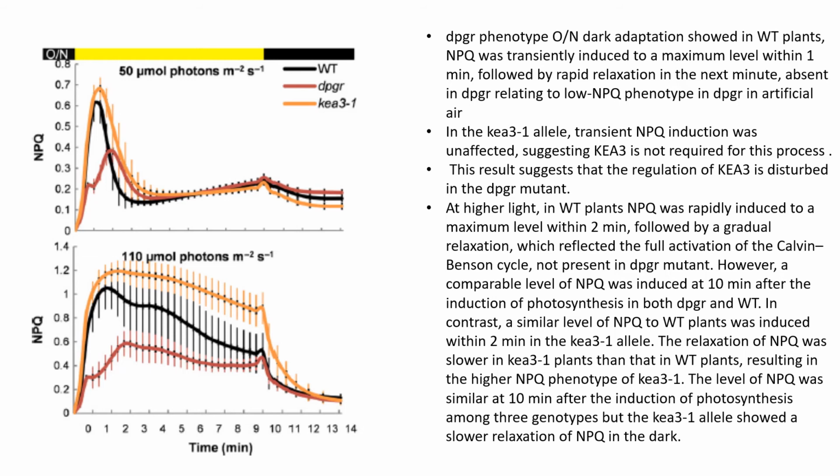The level of NPQ was similar at 10 minutes after the induction of photosynthesis amongst all 3 genotypes of the plants present: the wild type, the DPGR, and the KIA3 knocked out mutant. This is shown in the slower relaxation of NPQ in the dark phase.